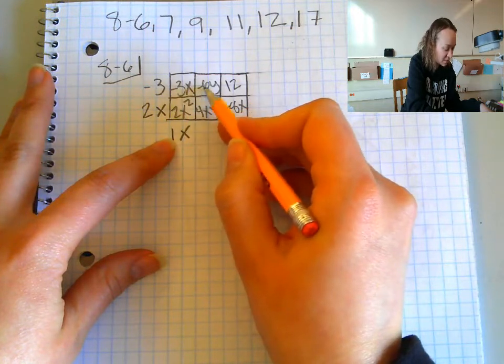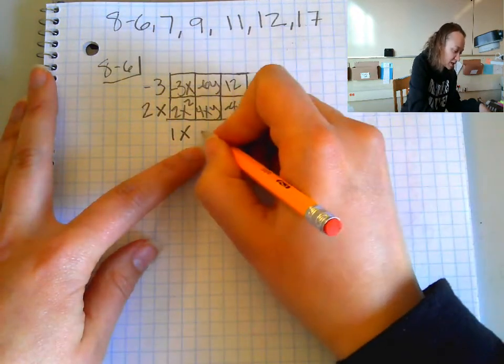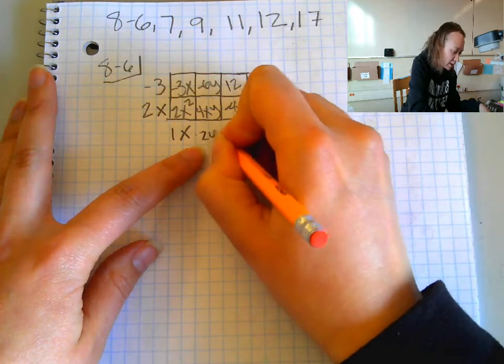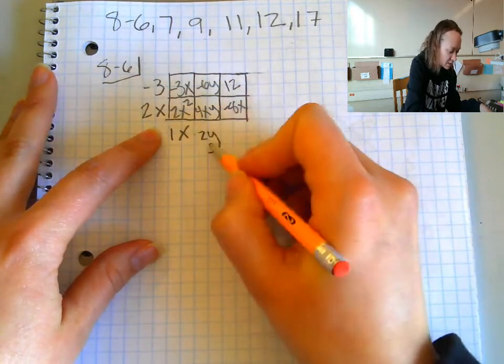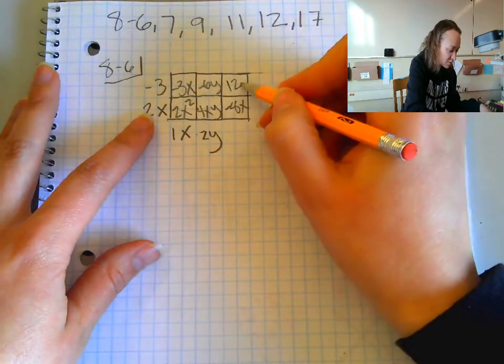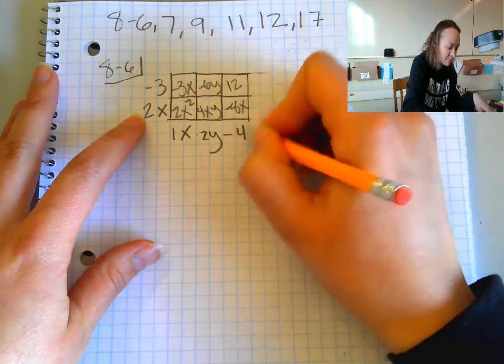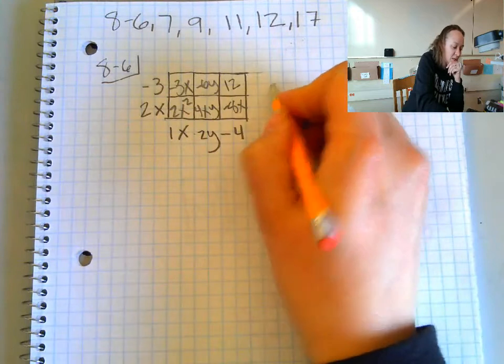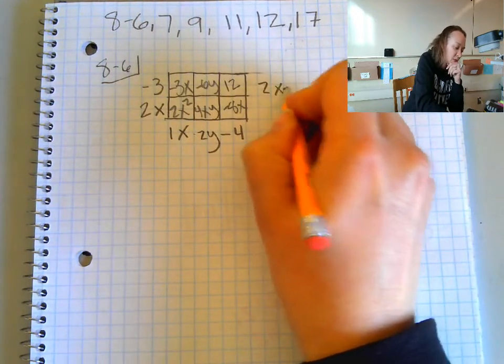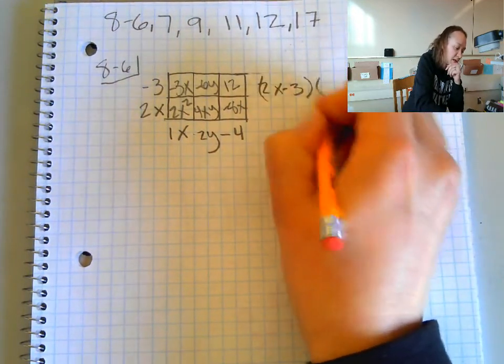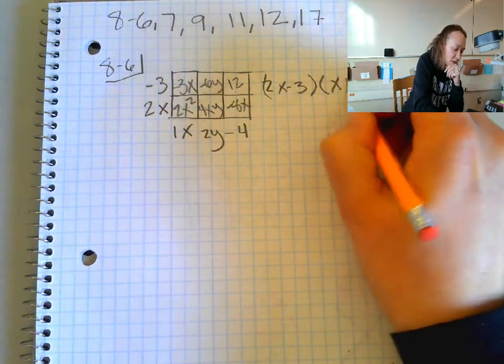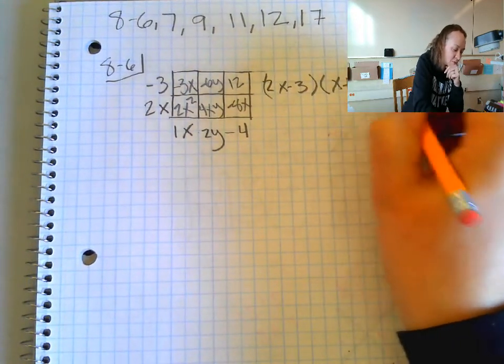-3 by a -6y. That would give me a 2y. And does that work here? Yes, it does. And -3 would have to be by a -4, which also works the other way. So that means that this would be 2x minus 3 times x plus 2y minus 4.